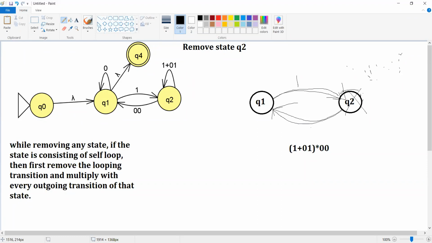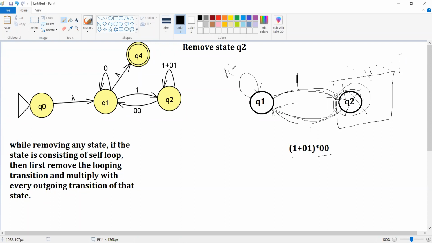When I remove this, I am going to get a direct transition from Q1 to Q1 itself. But what is the value of that transition? That transition will be the incoming edge multiplied with the outgoing edge. Now I'm writing the result over here. This is my incoming edge value, which is 1, and this is going to be the outgoing edge value.